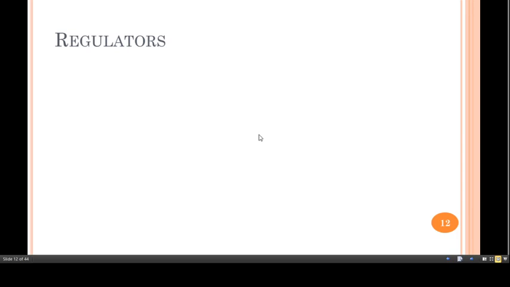The voltage regulator is a circuit which will try to maintain the output voltage constant under any operating circumstances, or we can say if the input voltage changes or if the load changes, then also we'll get the output voltage constant. That is the function performed by the voltage regulator.